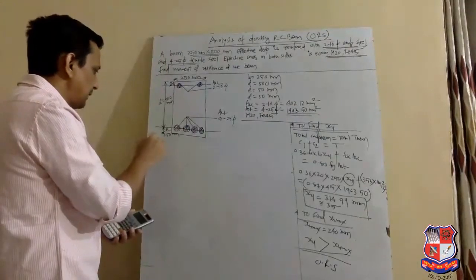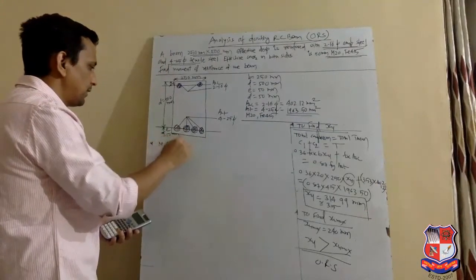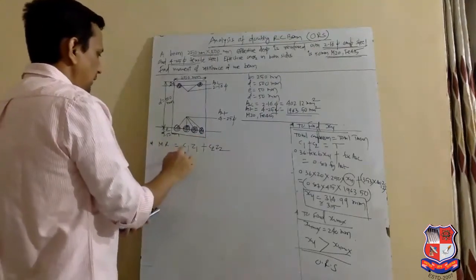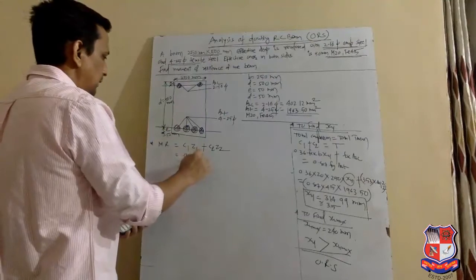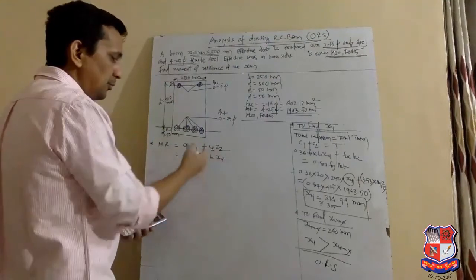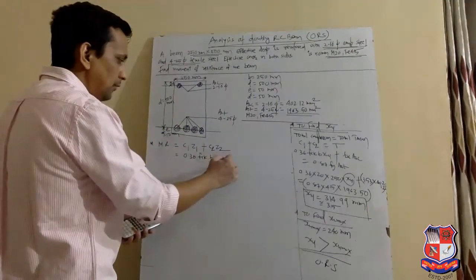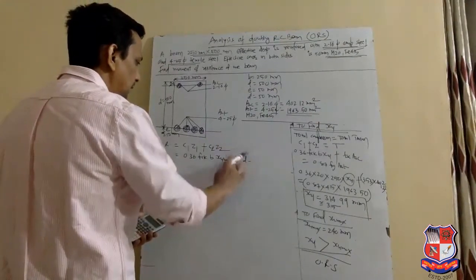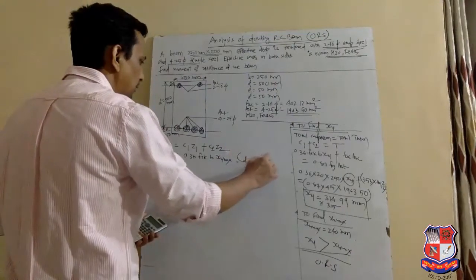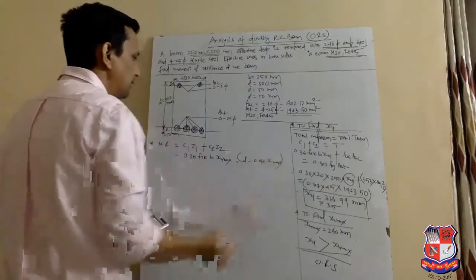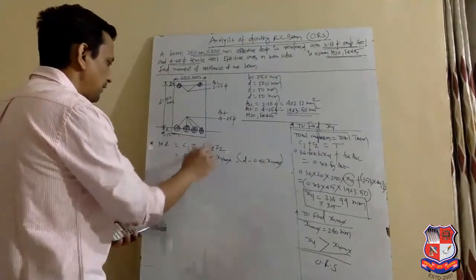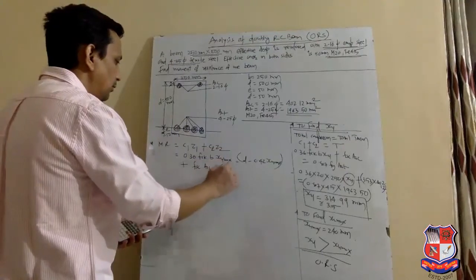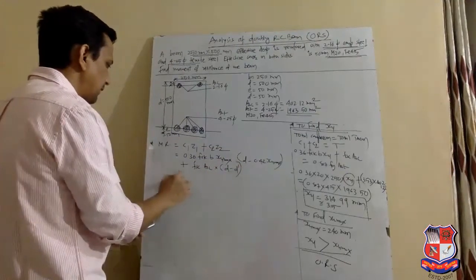Now the final step is moment of resistance, C1Z1 plus C2Z2 is equal to 0.36 FCK B into XU, but instead of XU, we have to write XU max, into Z1, d minus 0.42 XU, but instead of XU, XU max, plus C2, FSC into ASC into Z2, d minus d dash.